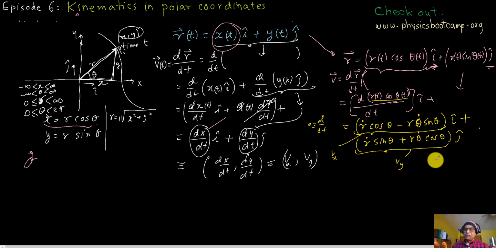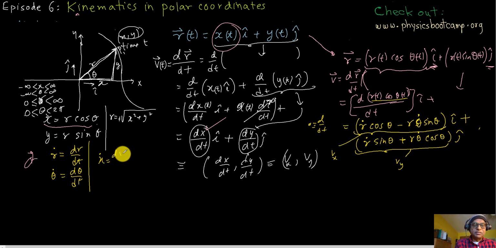Then this direction of calculation is sometimes very helpful. So r dot is dr/dt, and theta dot is d theta/dt. Similarly, x dot equals dx/dt, y dot is dy/dt.